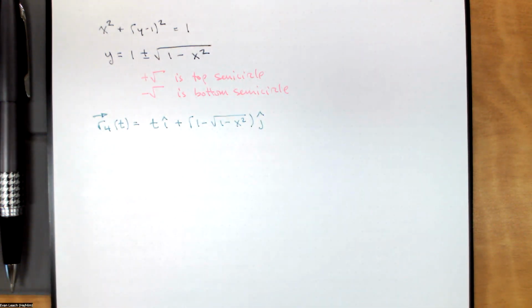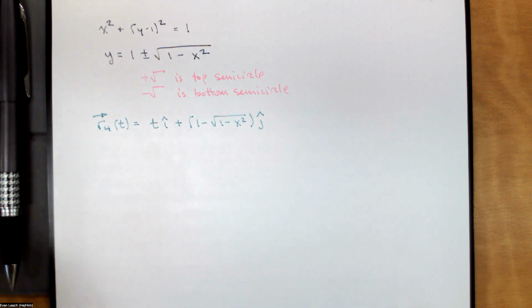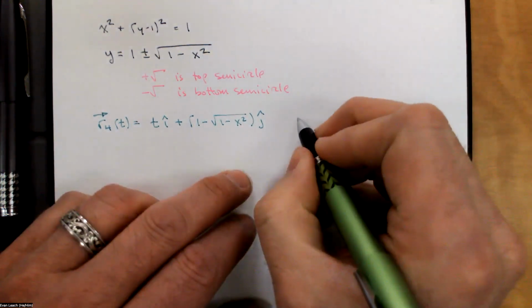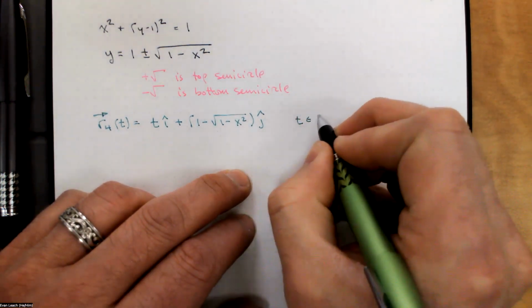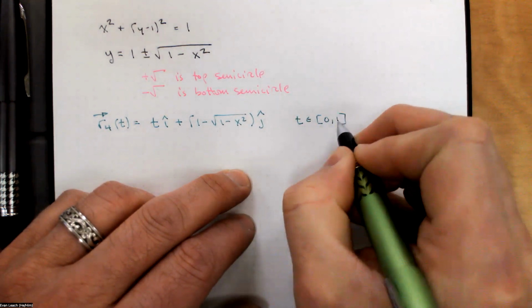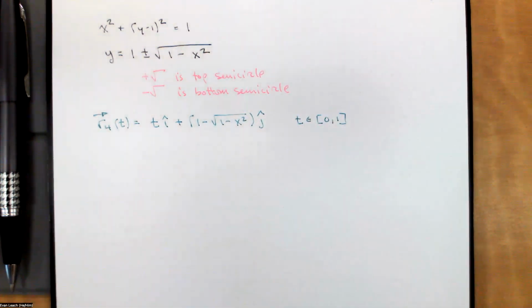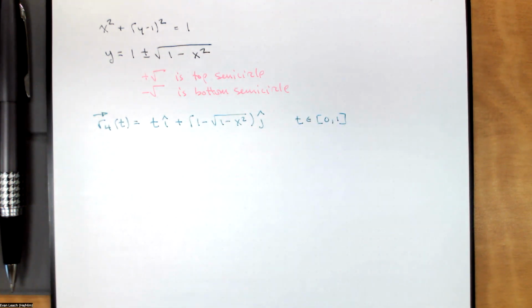That's going to give us the whole bottom semicircle, the left quarter circle and the right quarter circle. But by restricting the parameter from 0 to 1, this makes sure that we only get the right side of that semicircle.